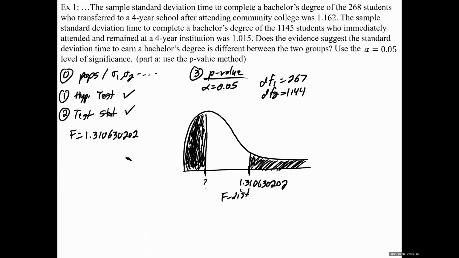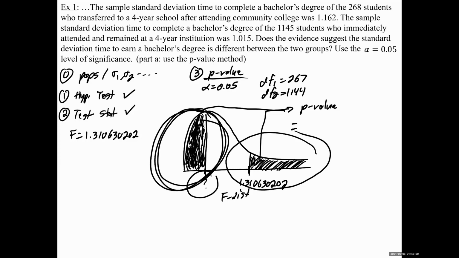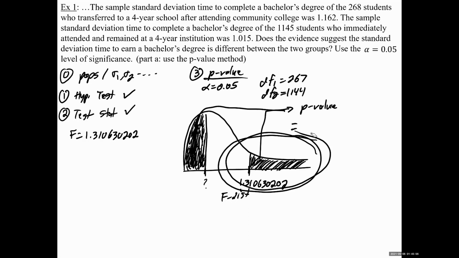All right. Then we're going to write down the notation for the p-value. Normally for the p-value notation, you would write the notation for this area and then the notation for this area and then add them. But I can't write the notation for this first area here because I don't know the number down there. So what we'll do instead is we'll just write down the notation for this area here on the right and then multiply it by 2 because the two areas are the same.